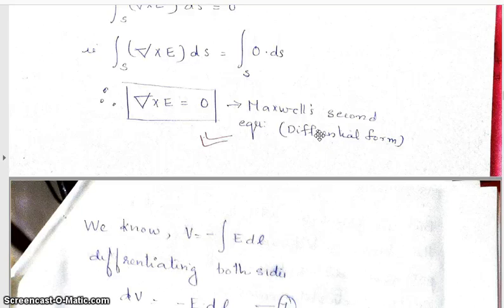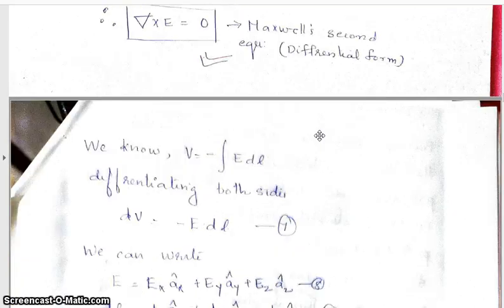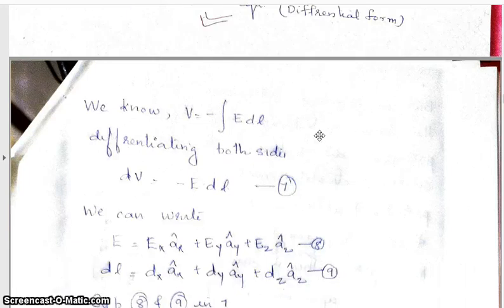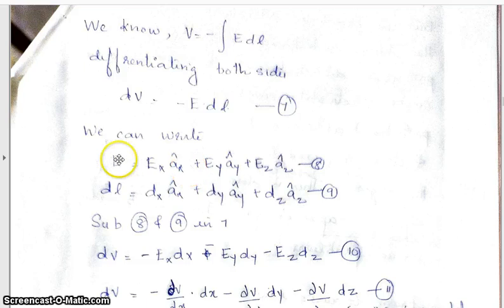Then we will go to the next topic. We already know what V is, potential V is equal to minus integral E dl. We saw it earlier. Now I am going to differentiate this term. dV is equal to minus E dl.